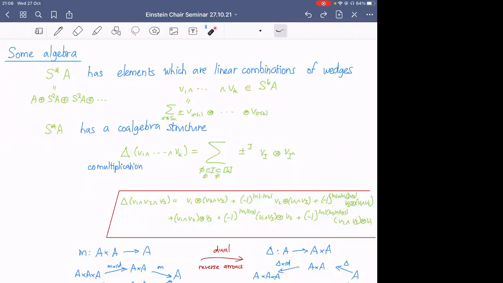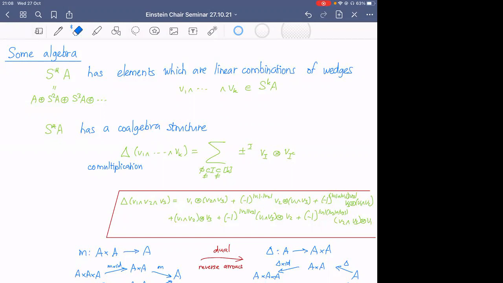In order to fit this together into a nice structure and to be able to see some functoriality out of it, let me give you a little bit of algebra. If we start with A, any vector space A, you can consider S star of A. It has a coalgebra structure, which is given as I wrote here.